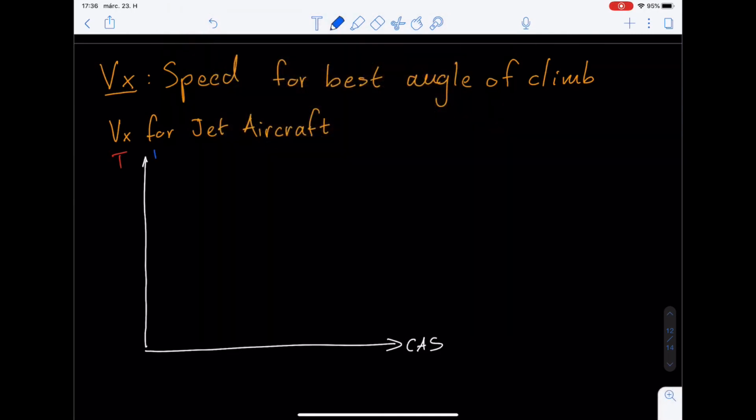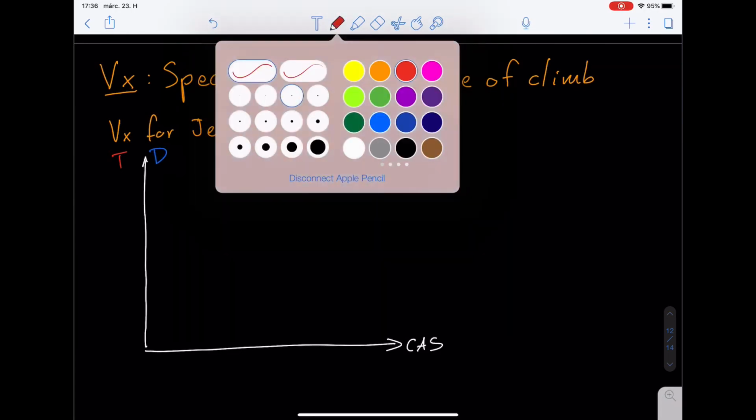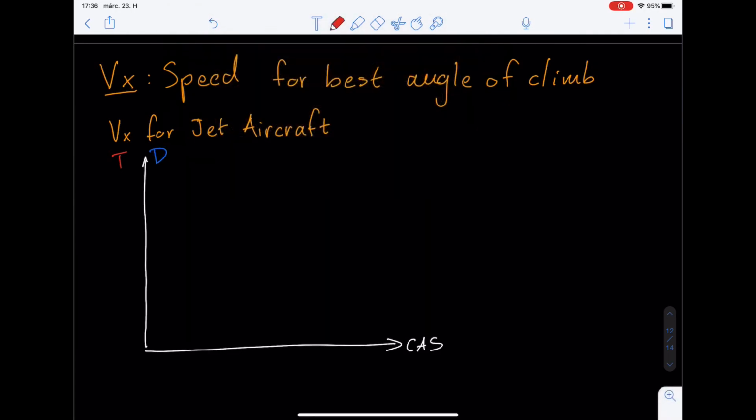For the jet, as you remember, the thrust curve is basically constant, so it looks pretty much like this. And the drag curve looks like a drag curve, like we have discussed.